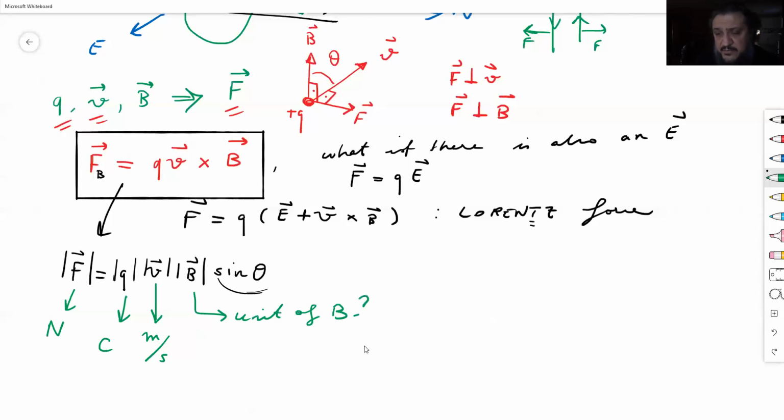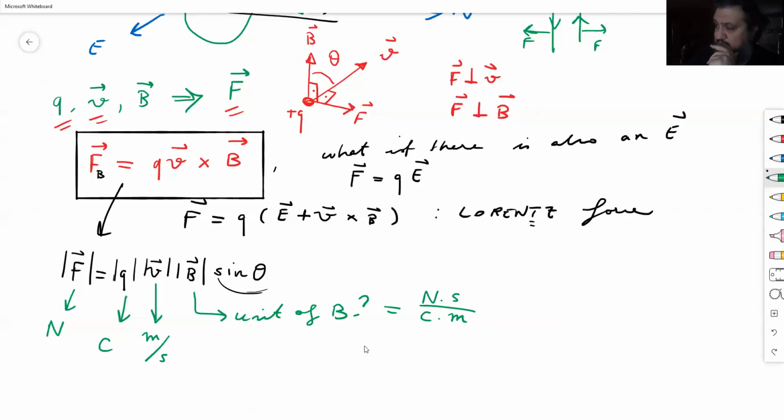Now, in order to have newtons on the left-hand side of the equation, this must be equal to newtons times seconds divided by coulombs, right? And divided by meters. Because if you multiply it by coulombs, meters per second, you get rid of those and you're left with newtons.